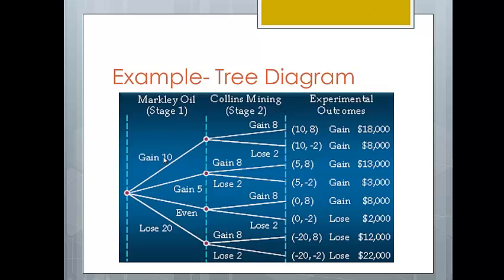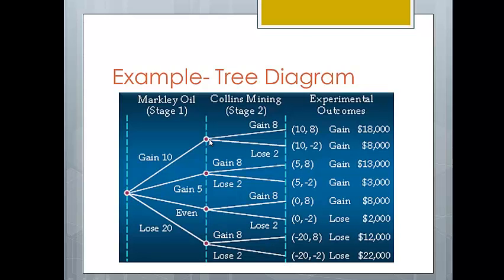Markley Oil can gain 10, gain 5, break even, or lose 20. Collins Mining can gain 8 or lose 2. So in each month, we can have all of these different potential outcomes.